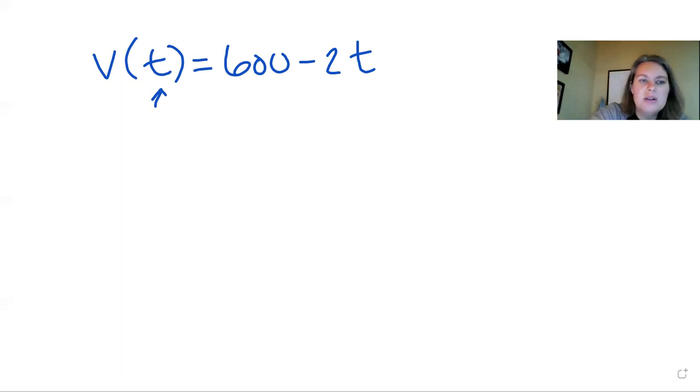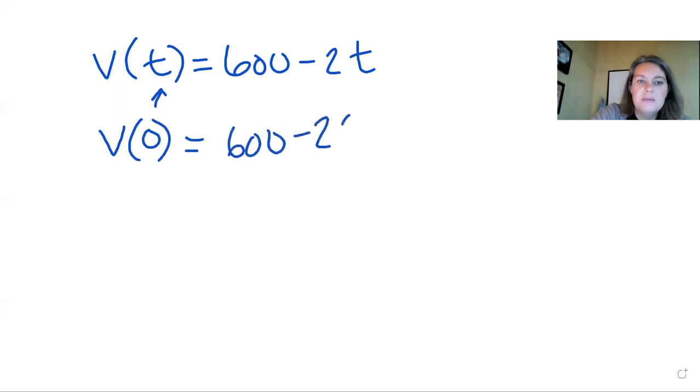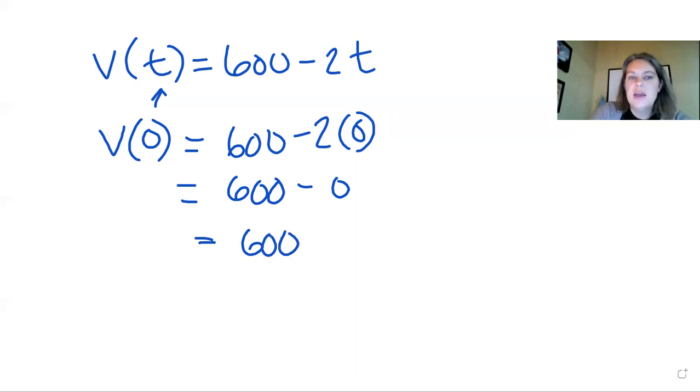If I want to find v of, let's say, 0, I would just plug in 0 for t. 600 minus 2 times 0 is 0, and 600 minus 0 is 600. So that is function notation with equations.